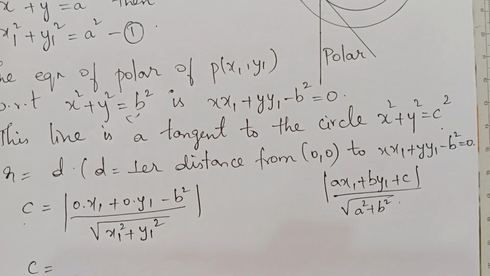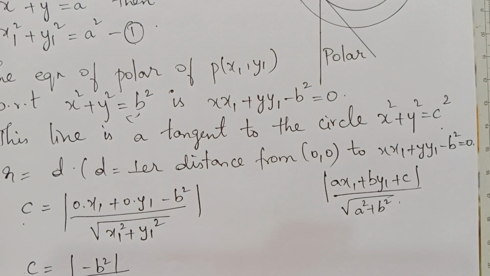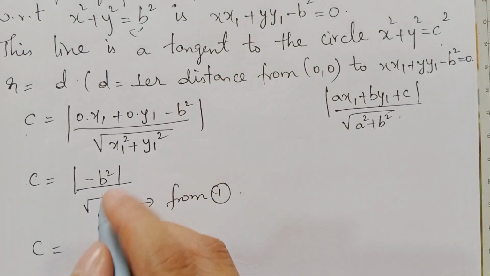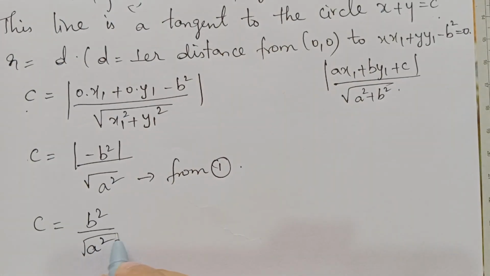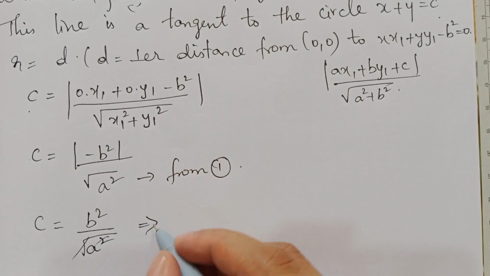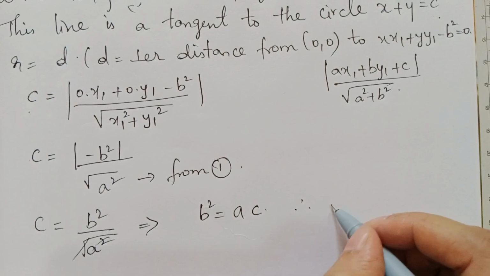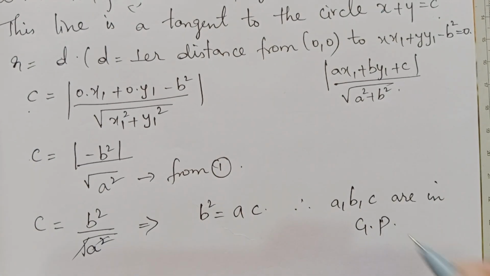So c equals the modulus of minus b square by root of, this is nothing but equation 1's value, which equals a square. We got this from equation 1. So c equals, if we remove the mod, positive b square by a square root of, so square and root get cancelled, and we'll be remaining with b square equals ac. Therefore we can say that a, b, c are in GP, geometric progression.